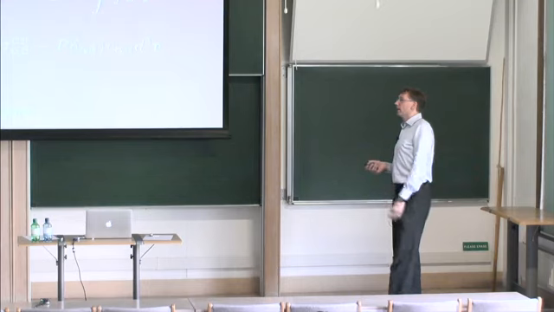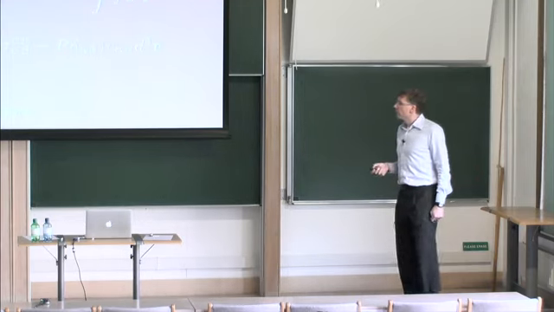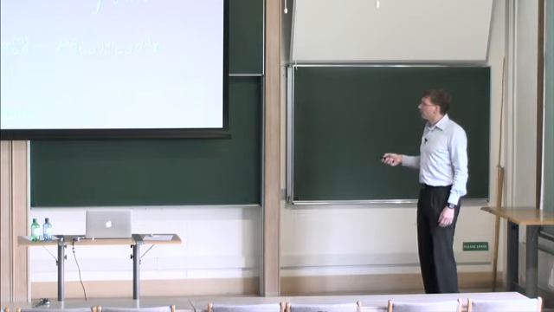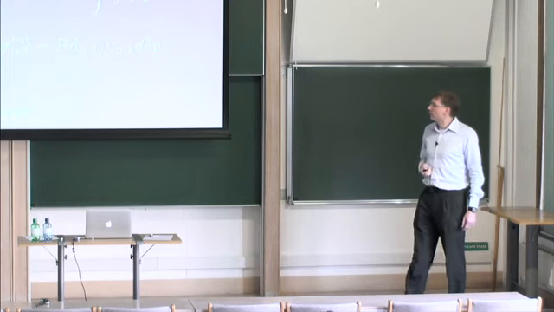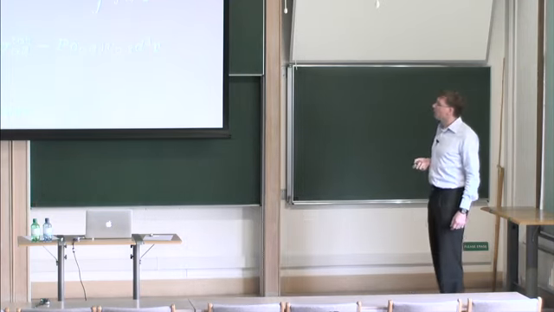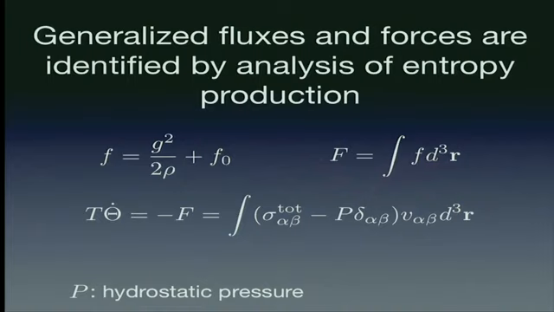And then what we're looking at is the production of entropy in the system, which, under constant temperature, in the absence of external forces, we really have only just the negative of, and there's a dot missing, I'm sorry, so there should be a time derivative here, of the free energy. And then you just take the form that you put in, you turn the crank, and what you end up with is a form such that you have written the entropy production as an integral over a product that contains two factors, and one of the factors we are going to call a generalized force, and the other one a generalized flux.